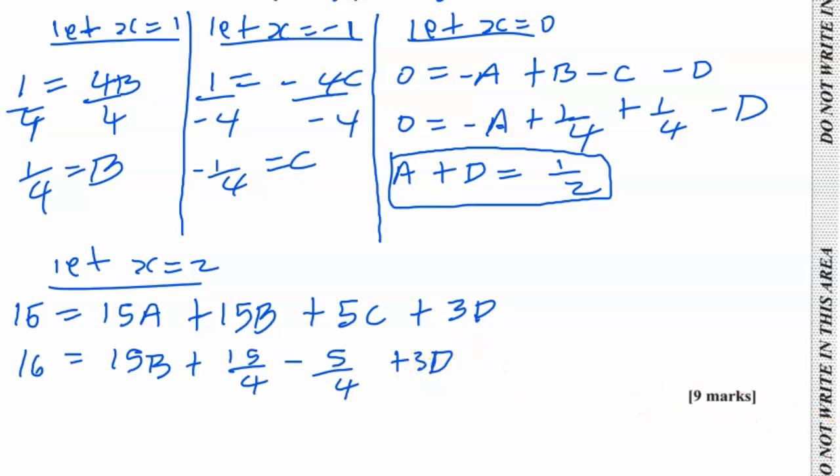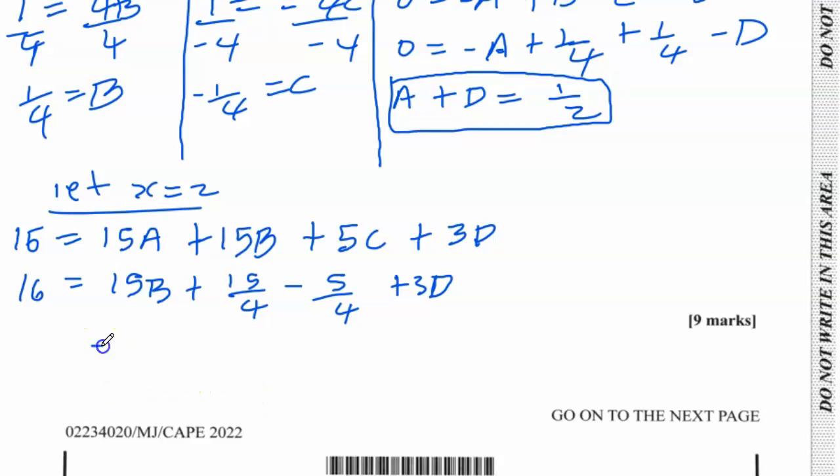Let's continue. So if I do some grouping now, I'll have 16, and then 15a, my bad, so it's 15a, right?